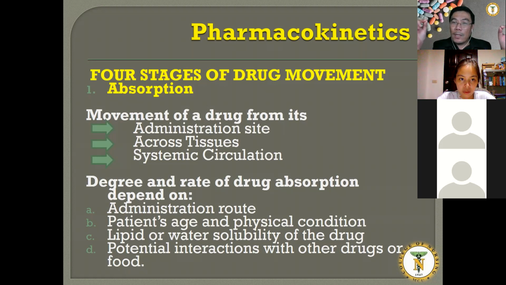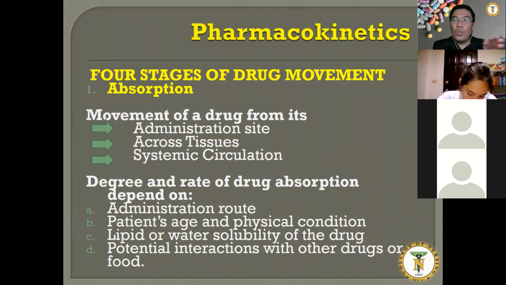So from the time that you administer the drug by any route of administration, you are already starting the first stage, which is absorption. Once the drug has been administered, it eventually passes through the tissues, depending on the route. Afterwards, the target is to reach the systemic circulation. That's why in our discussion of pharmacokinetics, it ends up in the artery, in the blood circulation.